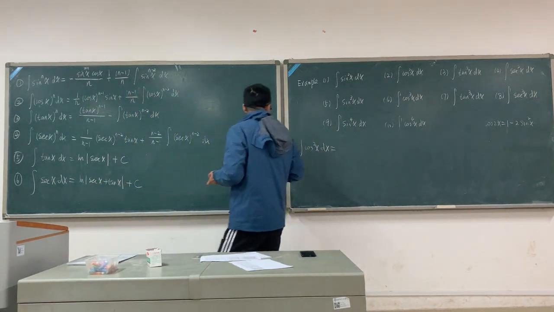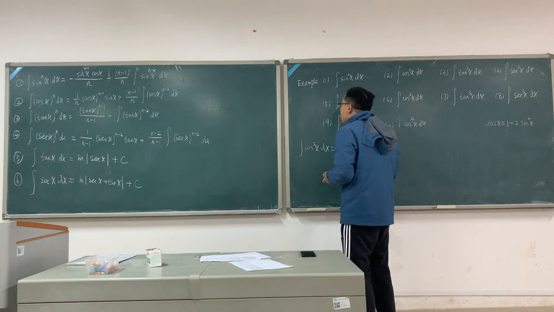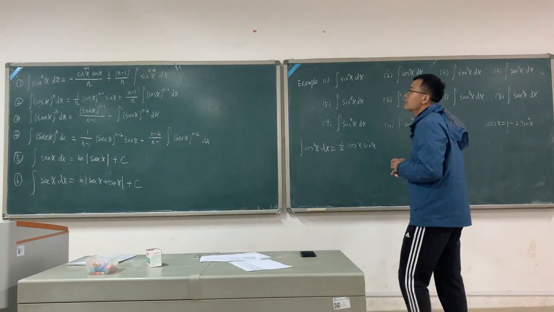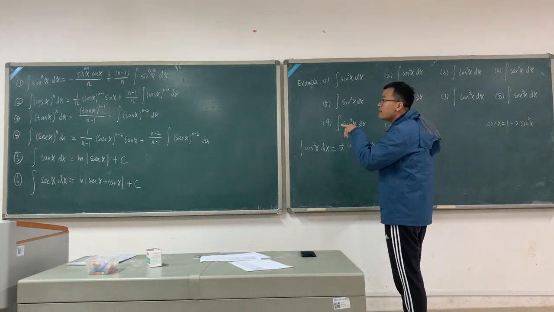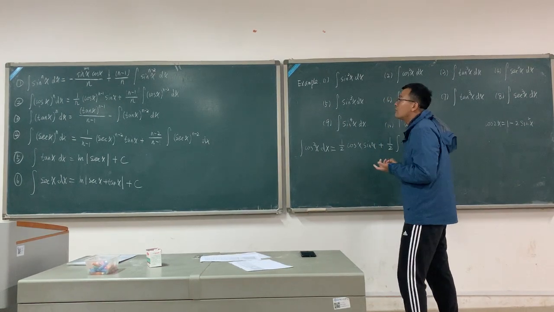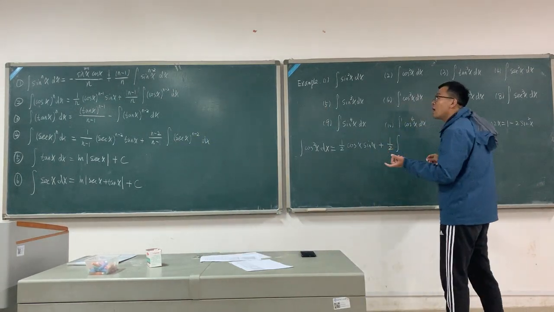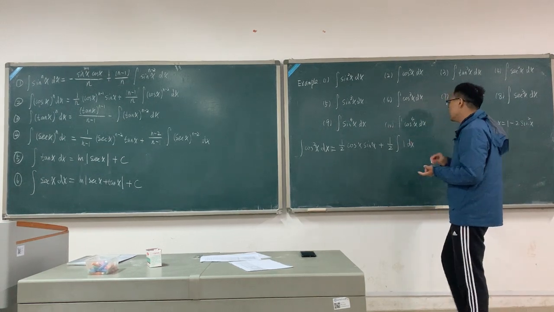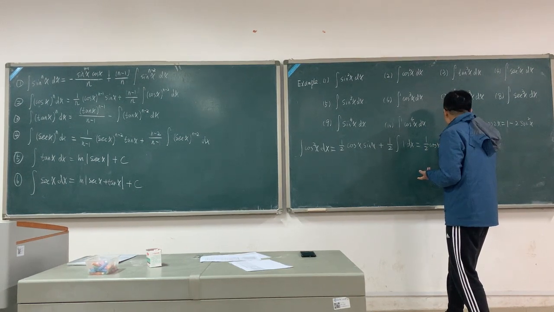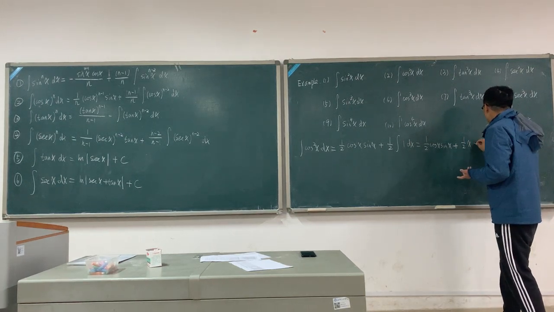So here is 1/2 times cosine x to the power 2 minus 1, so it's 1 power, times sin x, plus 2 minus 1 over 2, so it's 1/2, and the antiderivative of cosine x to the power 2 minus 2. 2 minus 2 is the 0 power, and the 0 power is 1. So the result should be 1/2 cosine x sin x plus 1/2 x plus the constant.